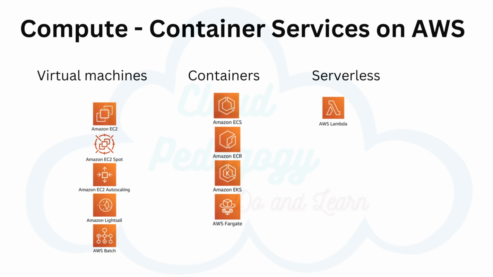There is no one size fits all service because it depends on your needs. The key is to understand what each option has to offer in order to build a more appropriate cloud architecture for your use case. In this session, you will learn about containers and how to run them on AWS.